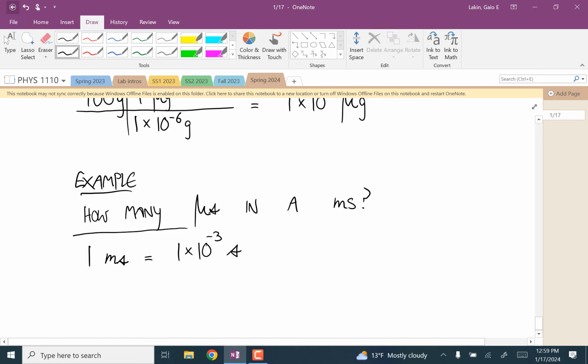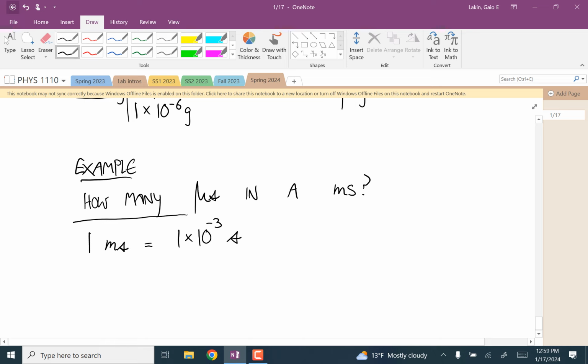But that's not what we want. We want microseconds. Okay, so now I'm going to say, for the second step, we're going to go from 1 times 10 to the minus third seconds to microseconds. I'm going to use the conversion that 1 microsecond is 1 times 10 to the minus 6 seconds.